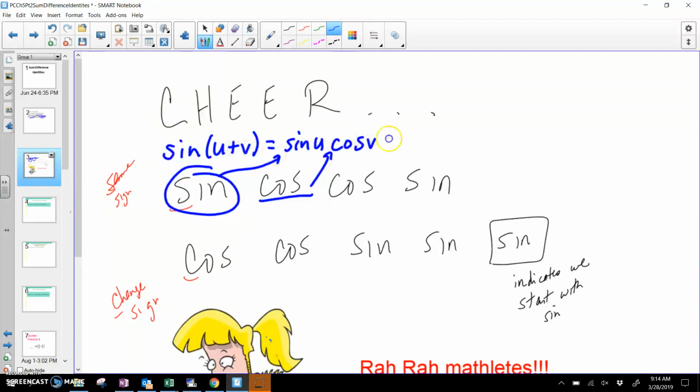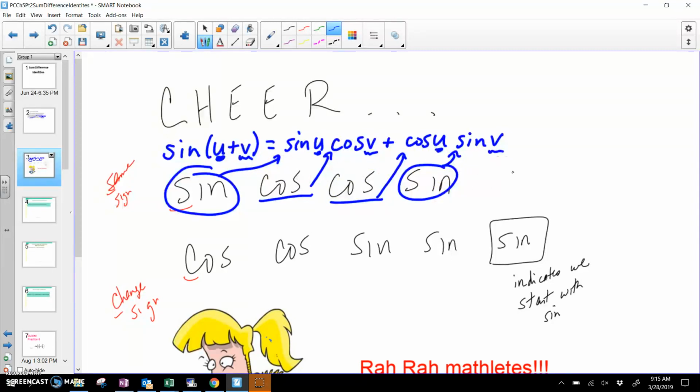If it's plus here, it stays plus, cosine of u times the sine of v. Okay, so you can see that the first angle here goes with the sine first and the cosine second, and then the second angle measure you have here will go with the other.